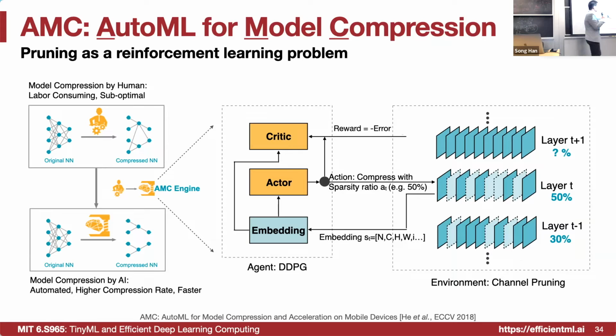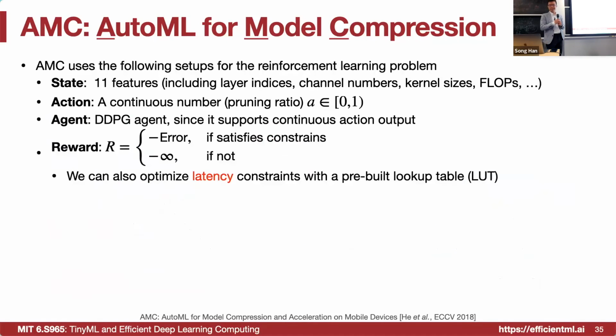So we encode those embeddings, like NCHW and the index of the layer, into the feature so that the agent can use this feature to give the action. In this way, it uses the following setup for the reinforcement learning agent.